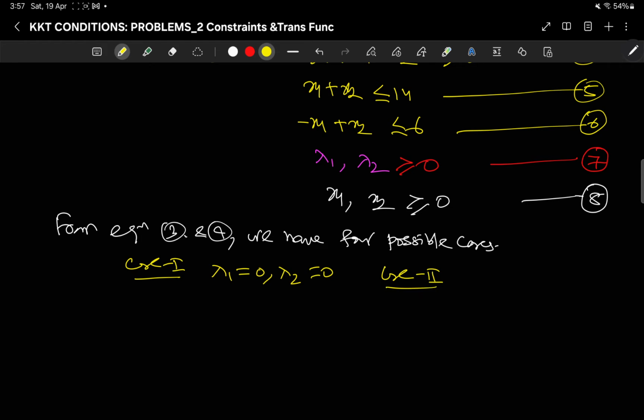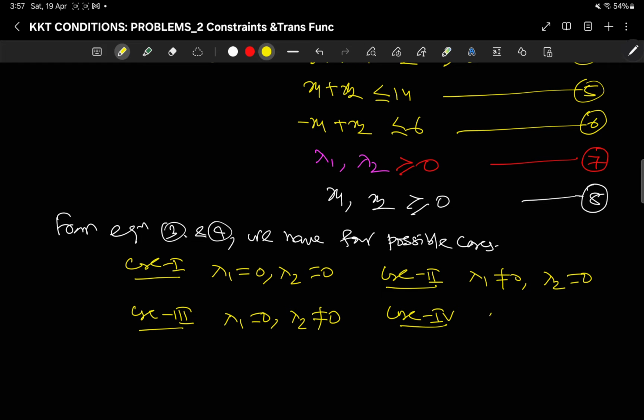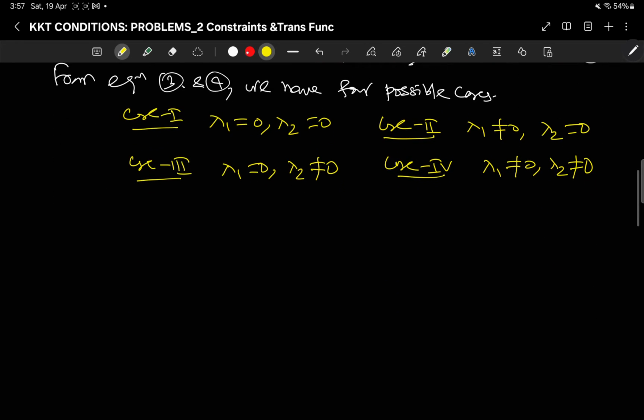Case 2: lambda 1 not equal to 0, lambda 2 equal to 0. Case 3: lambda 1 equal to 0, lambda 2 not equal to 0. And case 4: lambda 1 not equal to 0, lambda 2 not equal to 0. Let us solve this problem under the 4 cases.